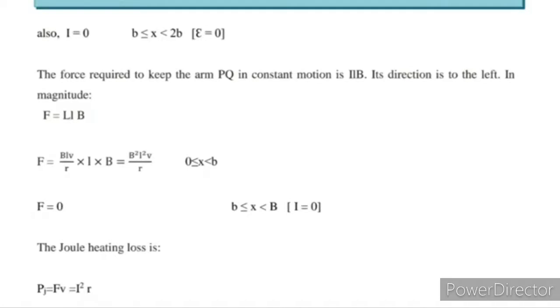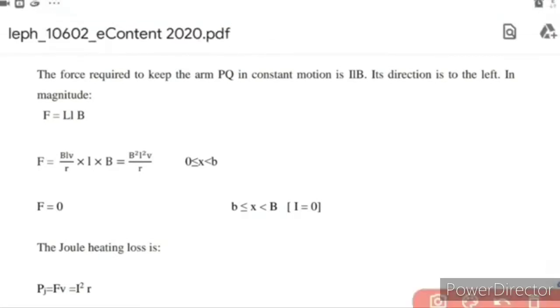It's given in the question, small r is the resistance. So we have the expression for force as BLV by R into L into B, so we have B square L square V by R. That is in the limit when the conductor is moved from 0 to B.